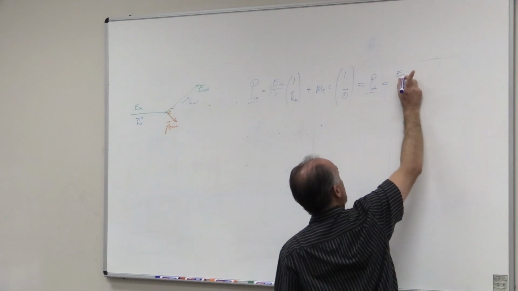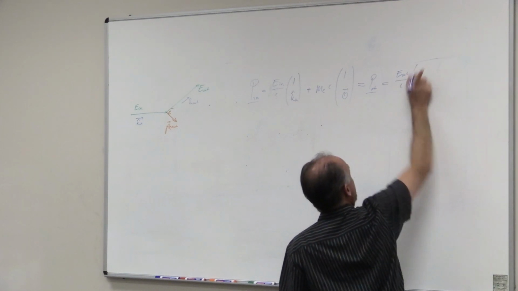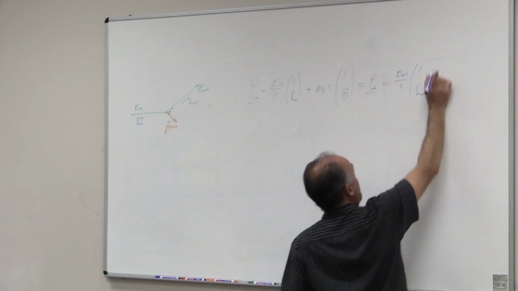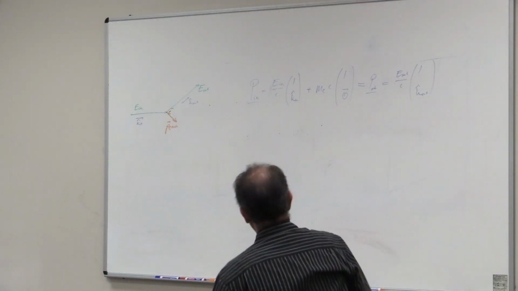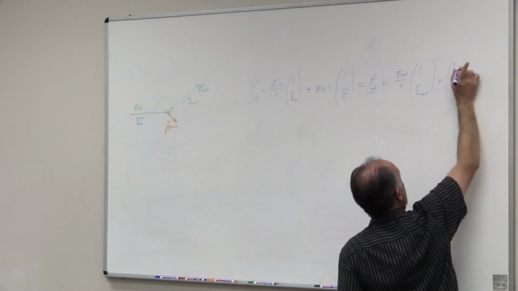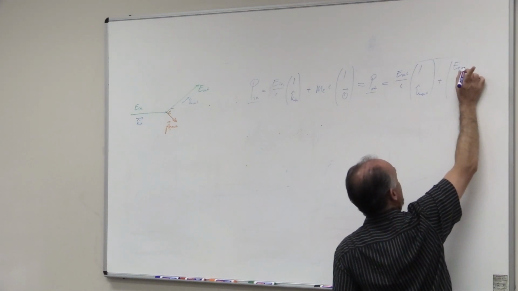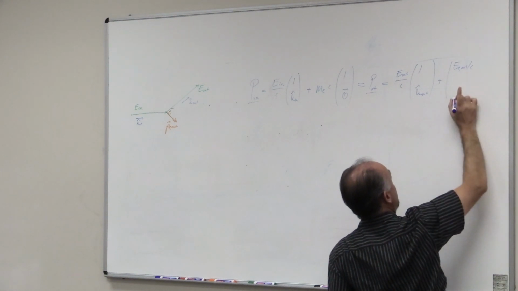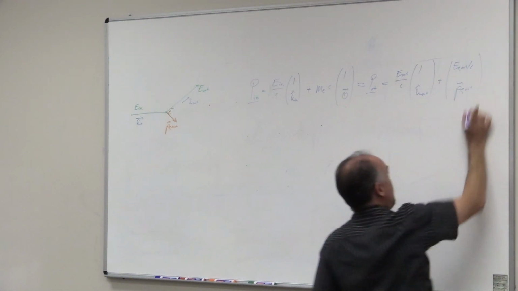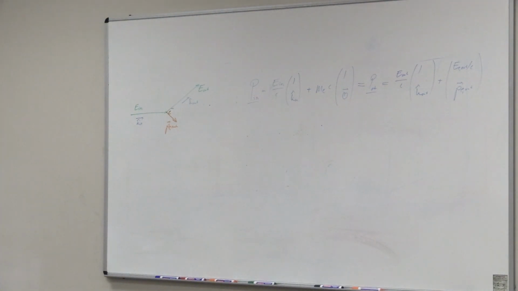E out over c, 1 and k out, plus, and now we have the energy of the electron that goes out over c, and the momentum of the electron as it goes out.